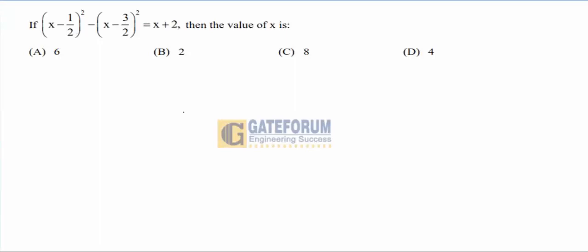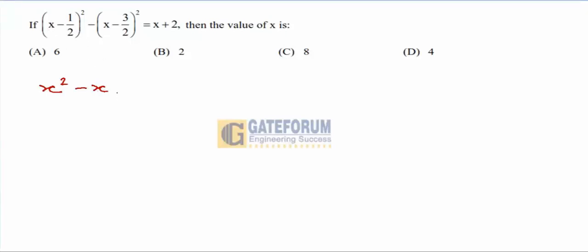Very simple. Just open the brackets. So the first one will be, this is a minus b whole square type. So it is x square minus x, because 2 into x into half will be 2 and half will cancel.